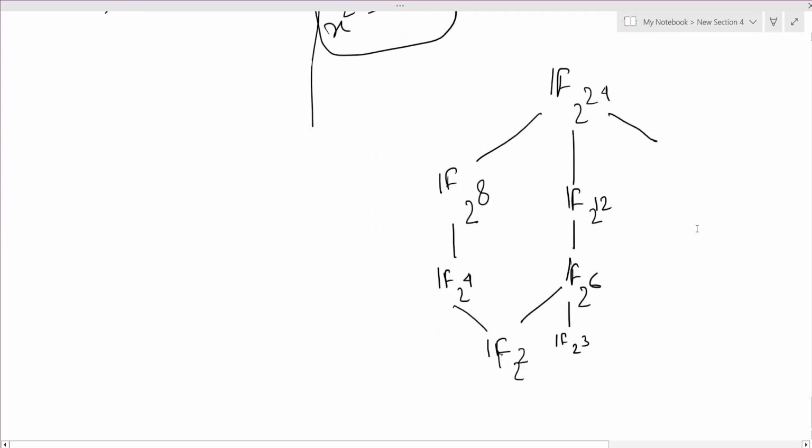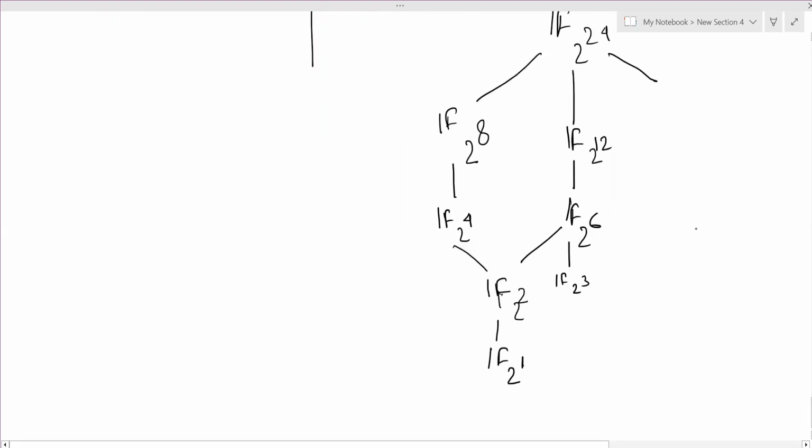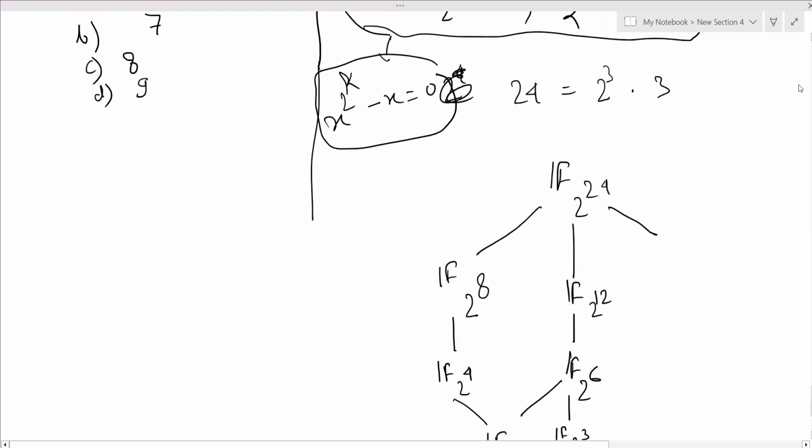Is there anything else? Yeah, F 2 to the power 1 is also a subfield of this one. So this is the diagram. Are you getting it or not?